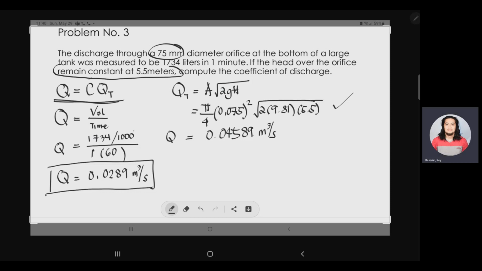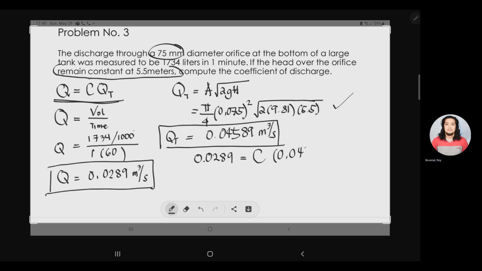So, meron na tayong theoretical discharge, meron na din tayong actual discharge. So, makukuha na natin ang ating C. So, input na lang natin ang ating mga values. Meron tayong actual discharge na 0.0289 is equals dun sa ating coefficient of discharge C times theoretical discharge na 0.04589.